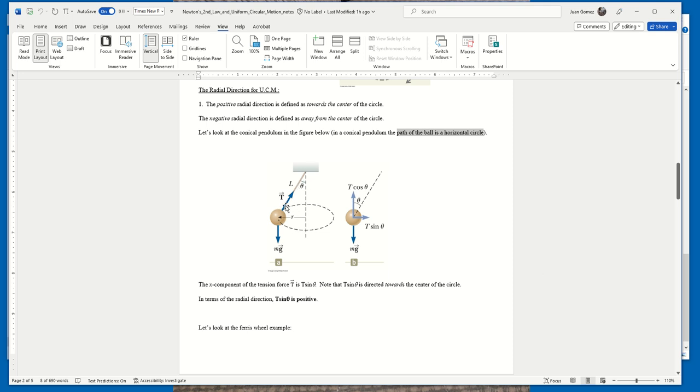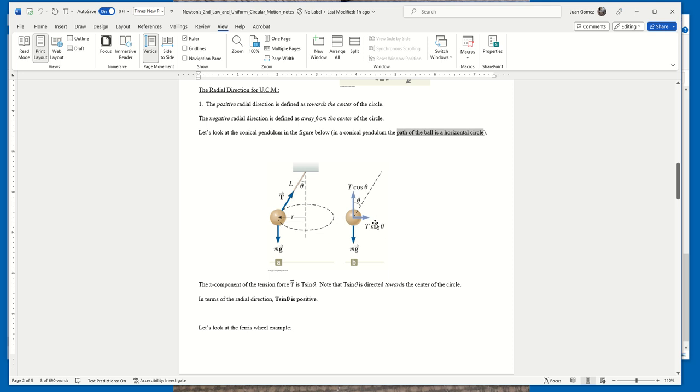Well, the tension force has two components. The horizontal component of the tension force is T sine theta, because, see, there's theta, the horizontal component is opposite, so it's T sine theta. The adjacent, or the vertical component of the tension, is T cosine theta. Notice, this object is moving in a horizontal circle. It's undergoing UCM.